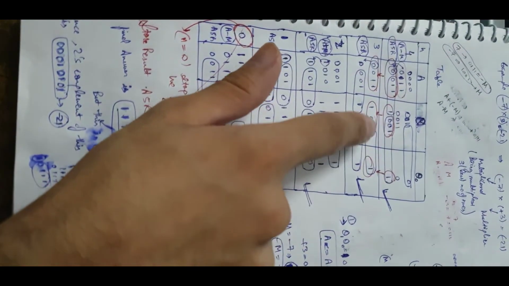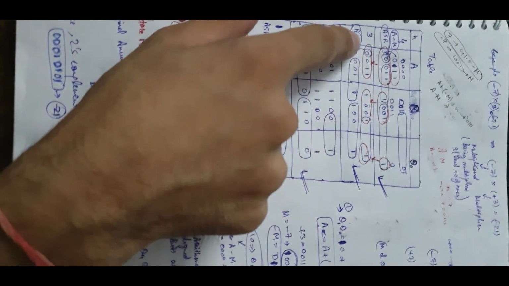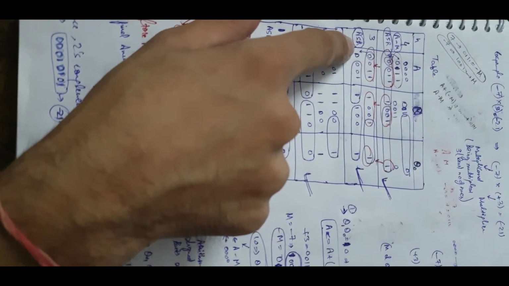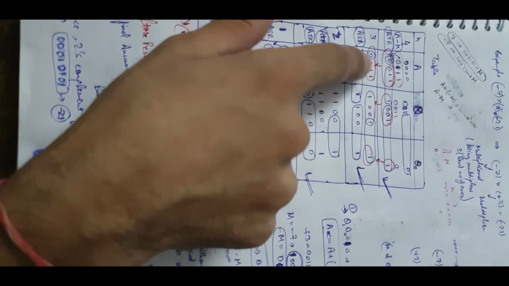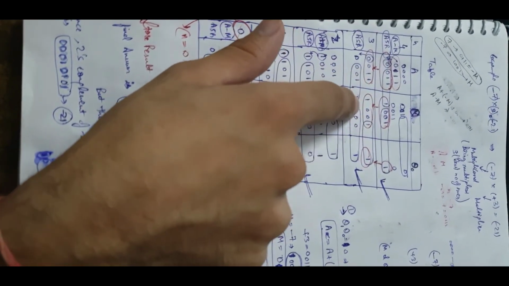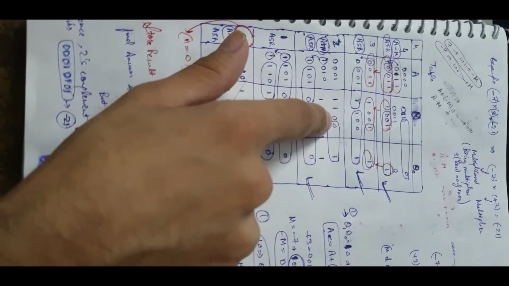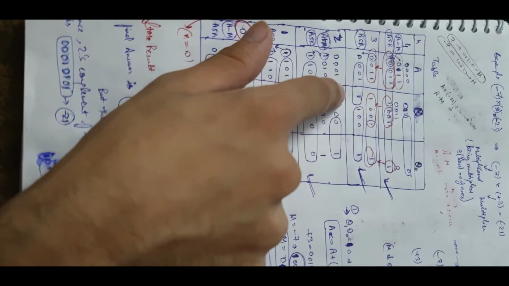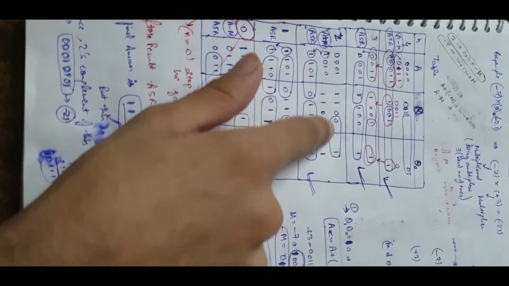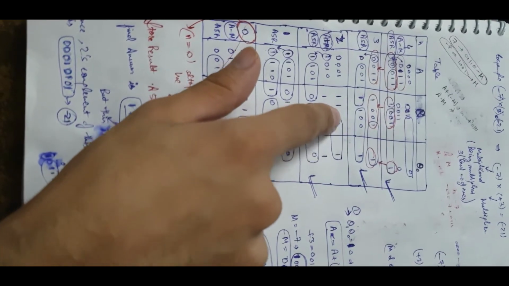So this MSB will be copied to this, and these 4 bits will be shifted to this side, and these 4 bits will be shifted to these 4 sides. And similarly, this will be copied to the next state, and this input will now be checked for the last 2 bits.